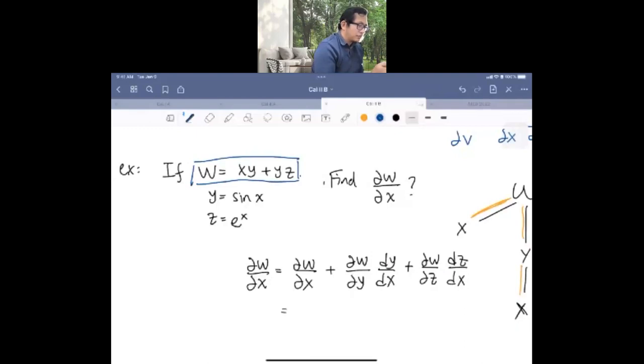So first, we evaluate this part with respect to x, which is just y. And then plus, dou w dou y becomes x plus z.